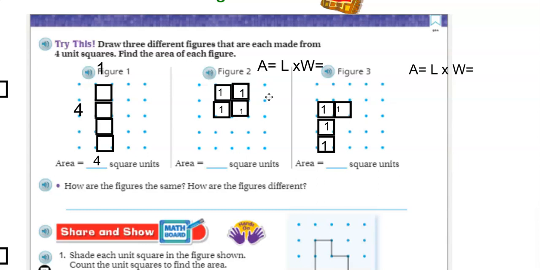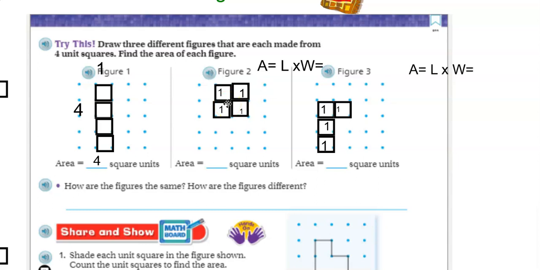Now, how can 2 different figures have the same area? We're going to look at that because the measure of the number of square units covering the figure, if you look right here, 4 square units, 4 square units. So the number of square units covering the figure is its area. The area is the amount of space that's covered.